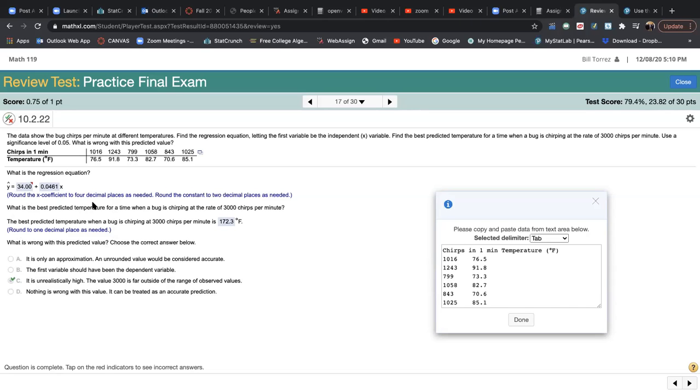I'm going to type in 34 plus 0.0461 times X, and X is given to us to be 3,000, right? Let's calculate that. I'll show you the result here. So let's go to our camera.